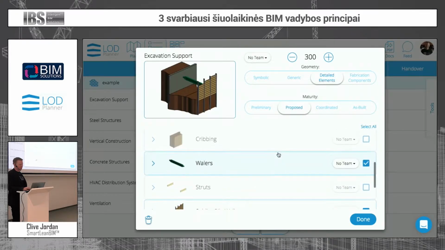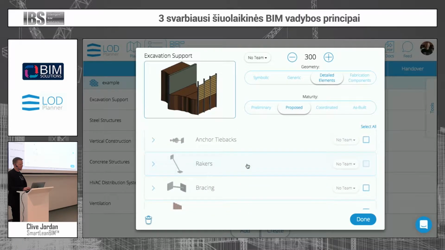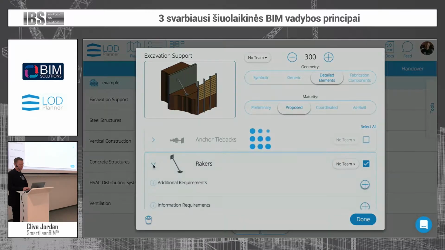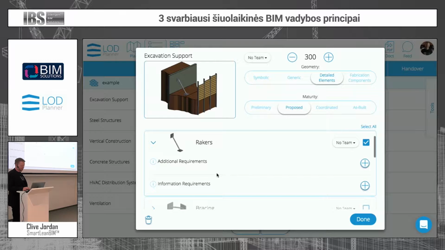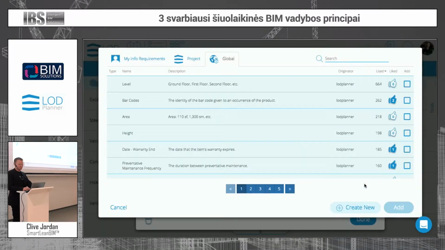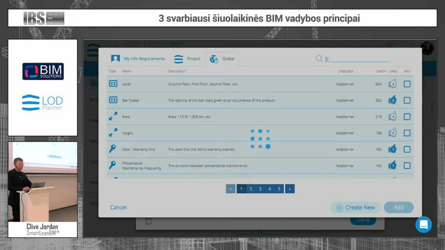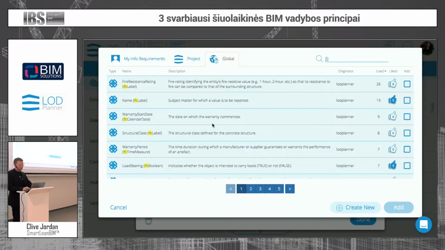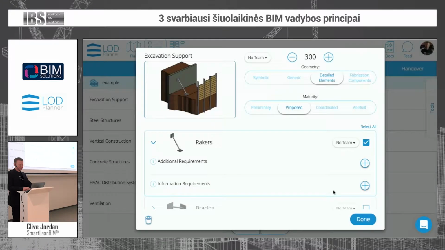We want the whalers in here, yes or no? Cribbing, yes or no? Rakers, yes or no? So each one of these is an individual component we can turn on and off. We can also define more additional requirements for each of these items if we wanted to. Information requirements, specifically everything from, whether you want warranty for something like this, probably wouldn't, but if there are IFC parameters, for example, that you might want, it will find anything in the library, so you can go into more detail if you would like to.